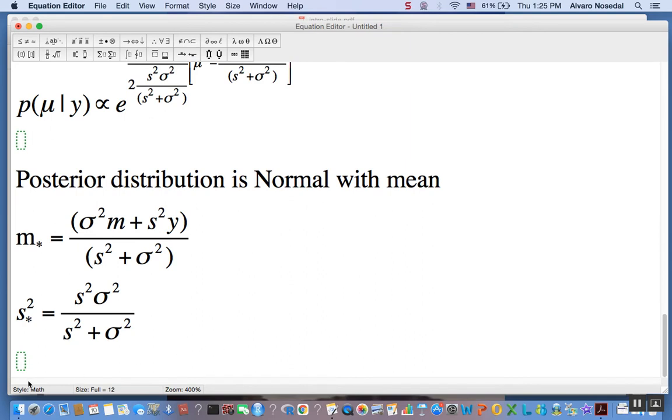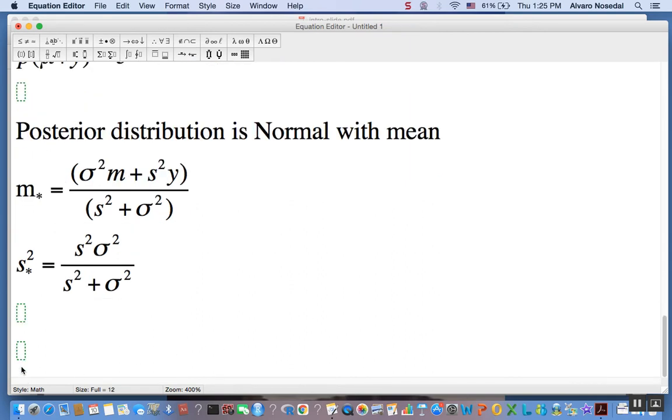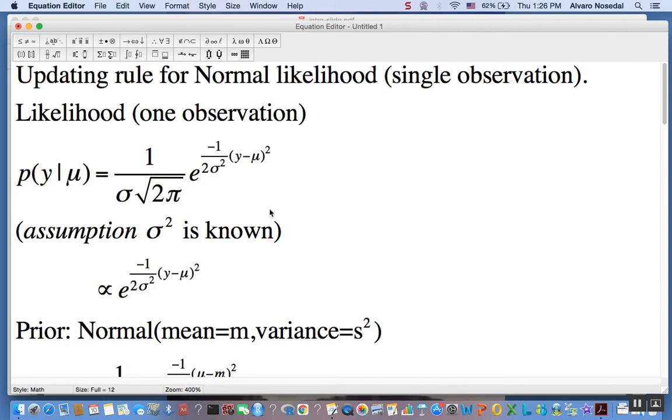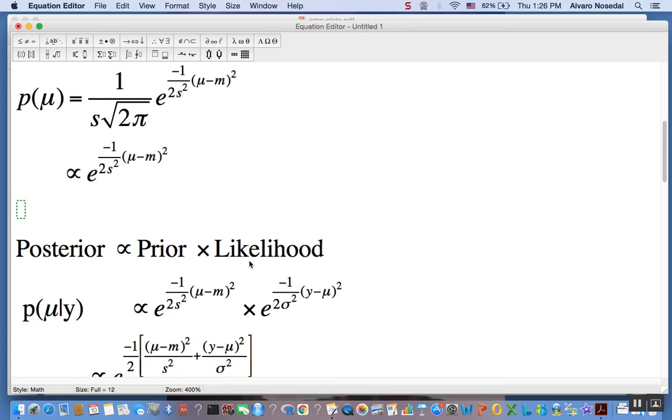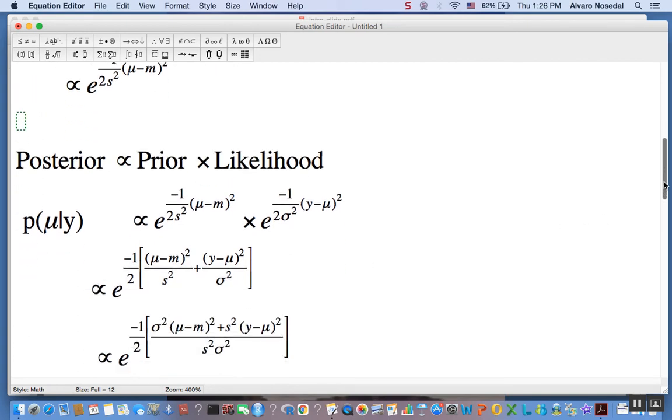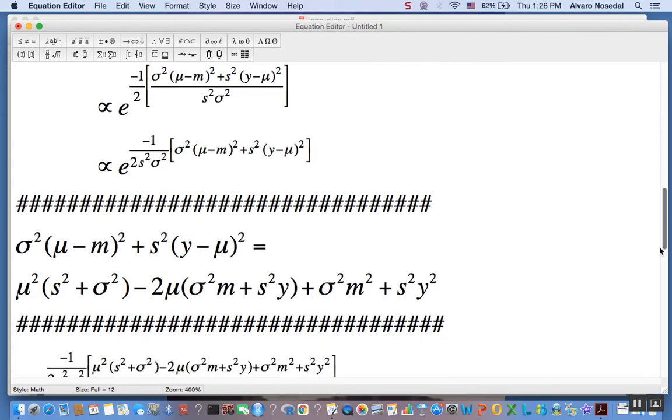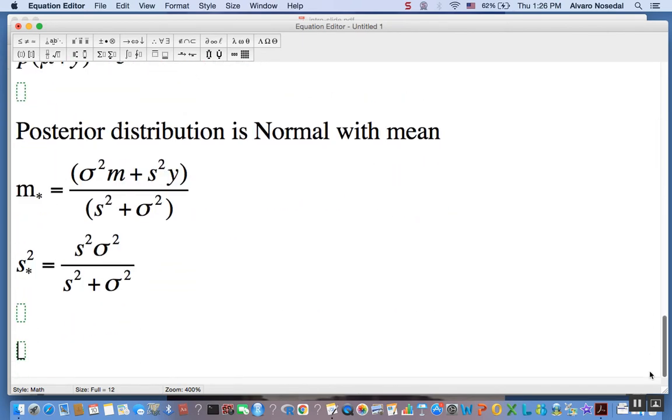Now that we recalled these expressions, I wanted to refresh your memory as to what you have to do to obtain this. If you want to do this quickly, it is not that quick. Before, with binomial and Poisson likelihoods, the idea that the posterior is proportional to prior times likelihood made it very straightforward to obtain the parameters of the posterior.